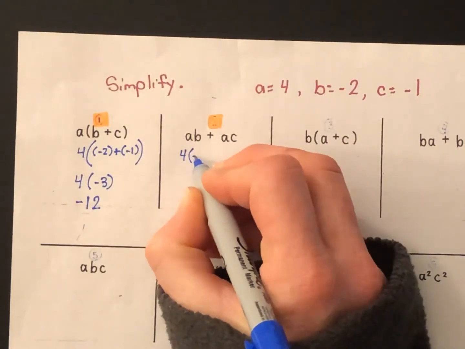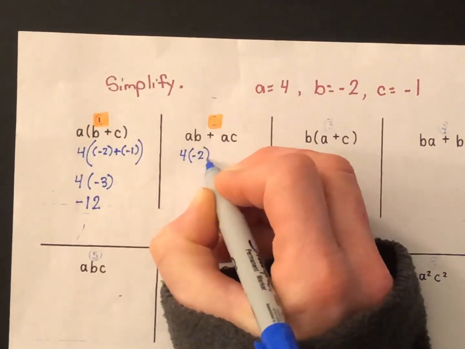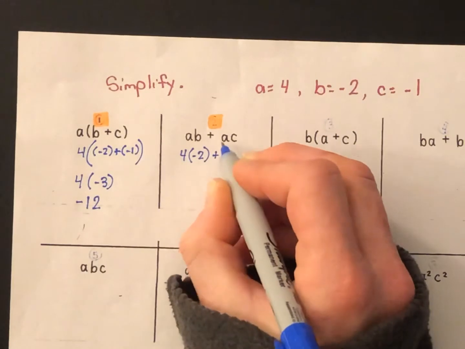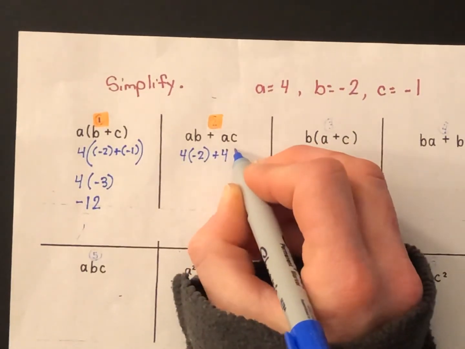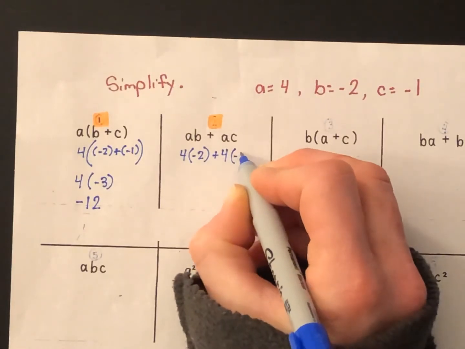I put negatives in parentheses plus A is 4, C is -1.